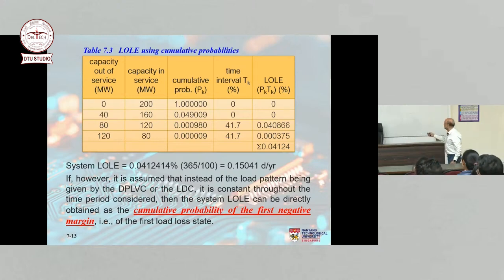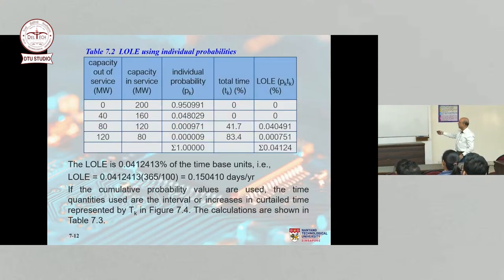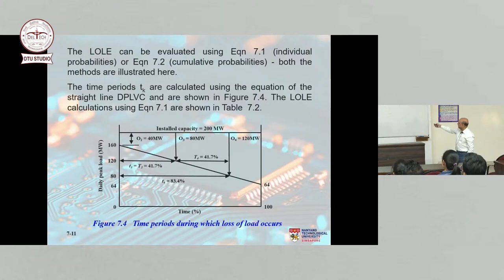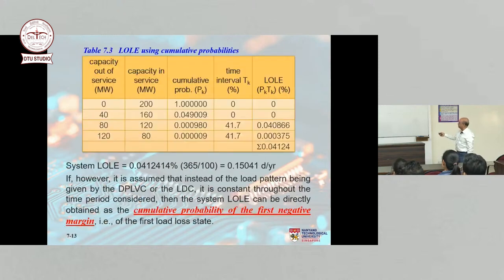So if the load is assumed to be constant throughout the time period considered, that means 160 megawatt, not like this, but like this, right? 160 megawatt. So if that is the case, then we can use the cumulative probability of the first negative margin, first load loss state, to get the LOLE.